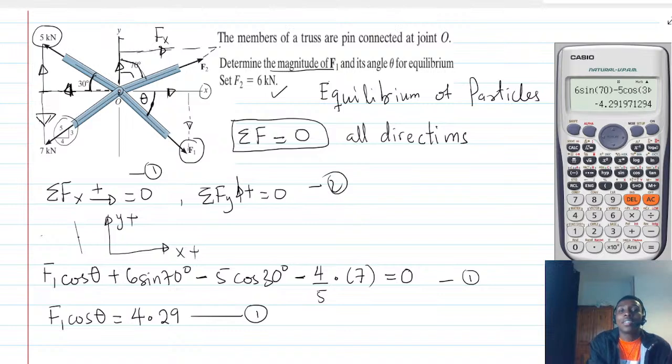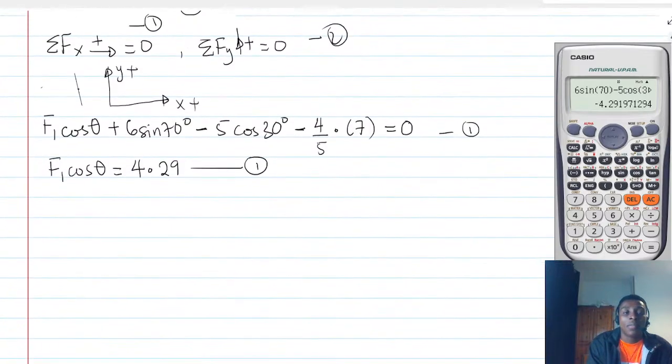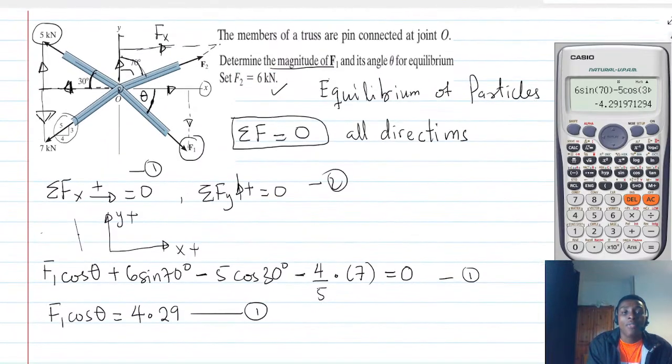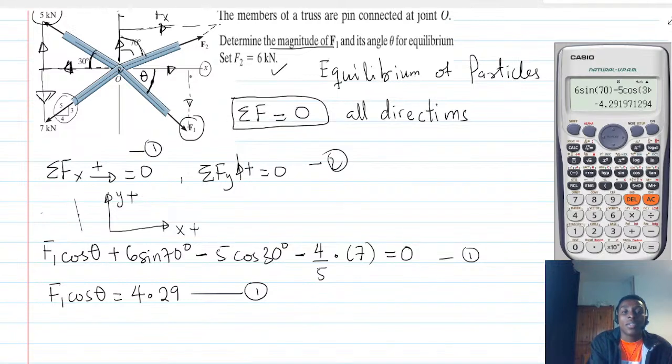So looking at summation of forces along the y, starting from F1, the y component of F1 is going to be negative, right? Because it is coming down. So minus F1 sine theta.